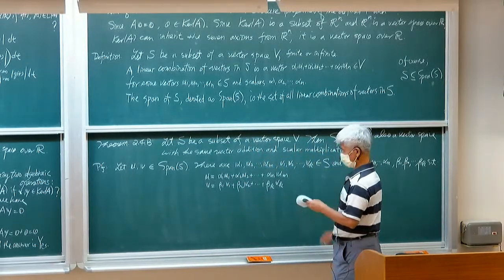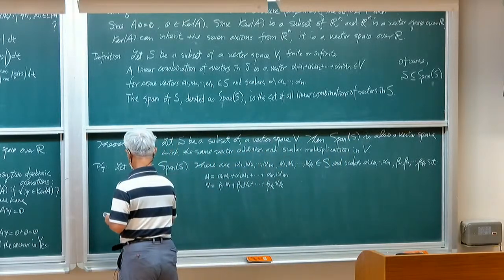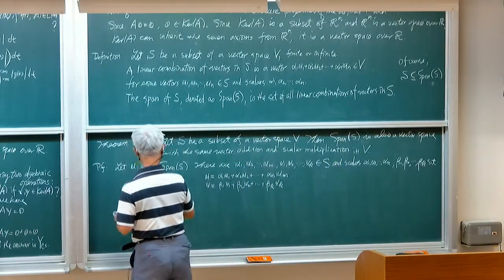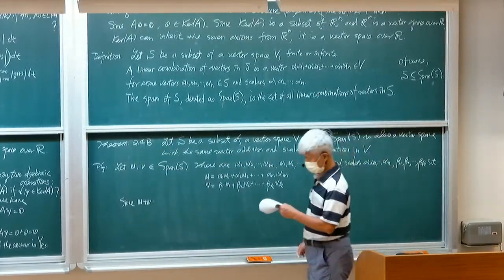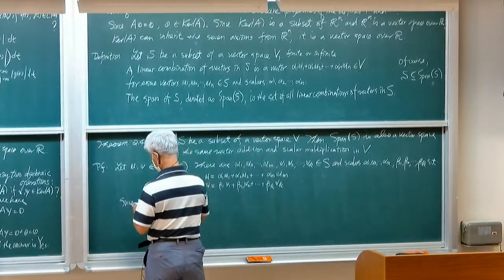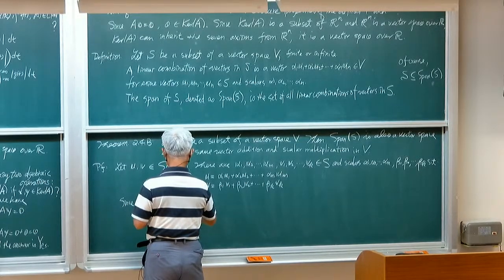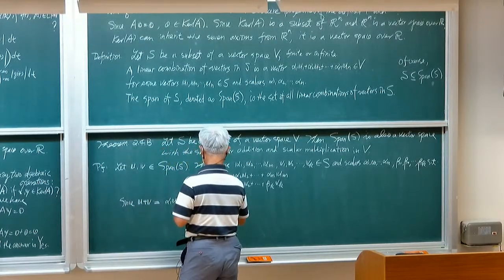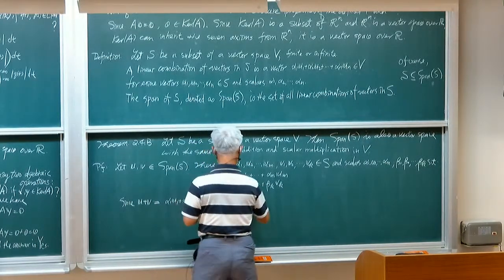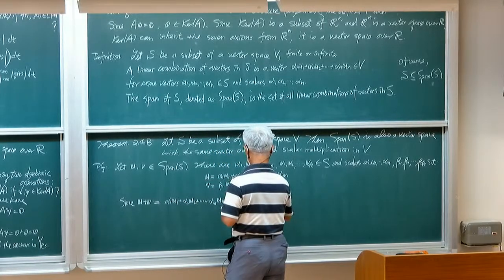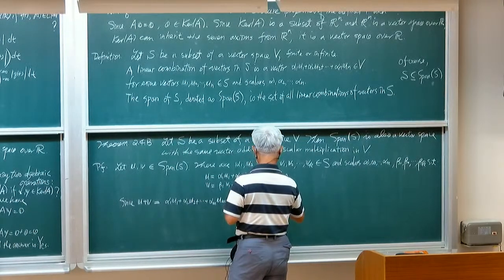All right. Now u plus v, so we use the same vector addition in V. All right. So u plus v becomes alpha 1 u1 plus alpha 2 u2 plus ... plus alpha m um plus beta 1 v1 plus beta 2 v2 plus ... plus beta k vk.